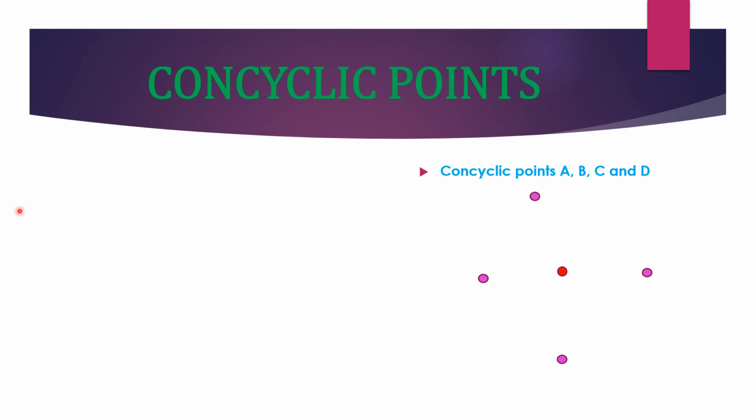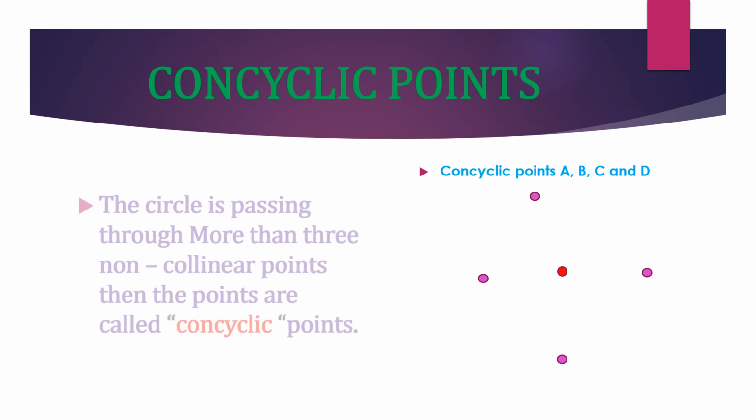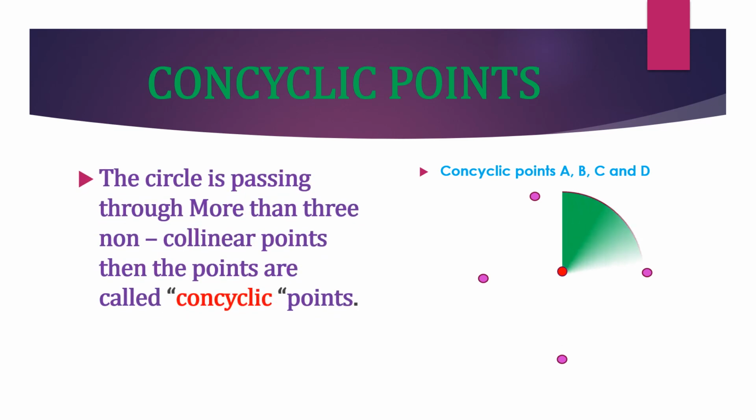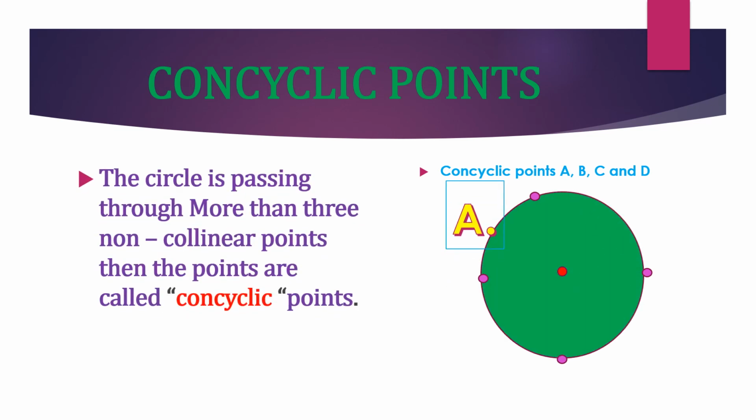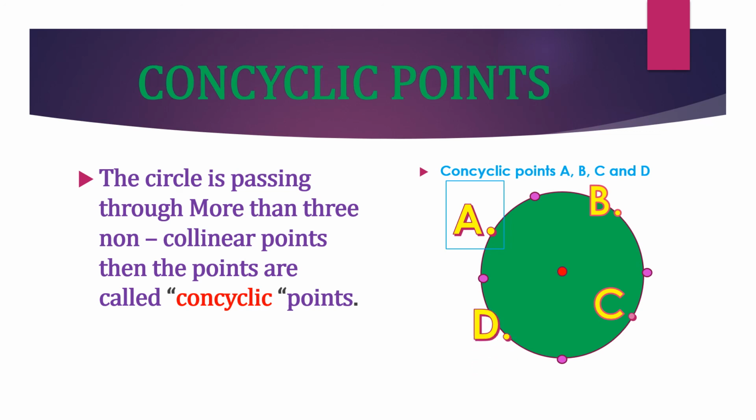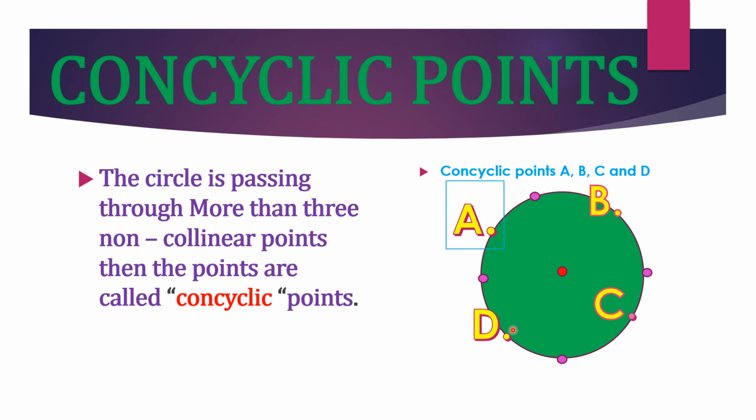Next one is concyclic points. Here we observe the diagram. Now the circle is passing through the point A, similarly passing through the points B, C and D. When a circle passes through more than 3 points, those points are called concyclic points.